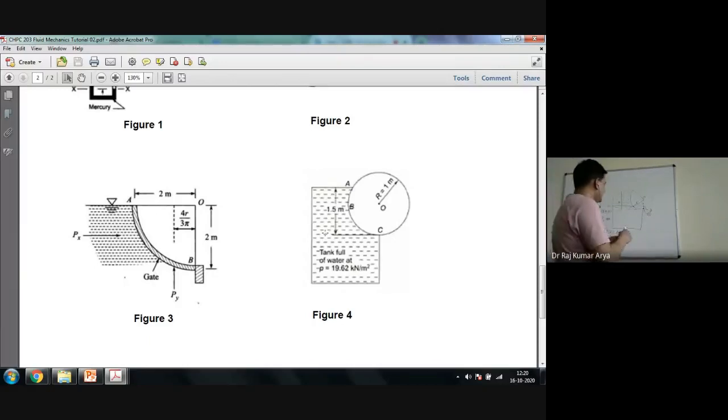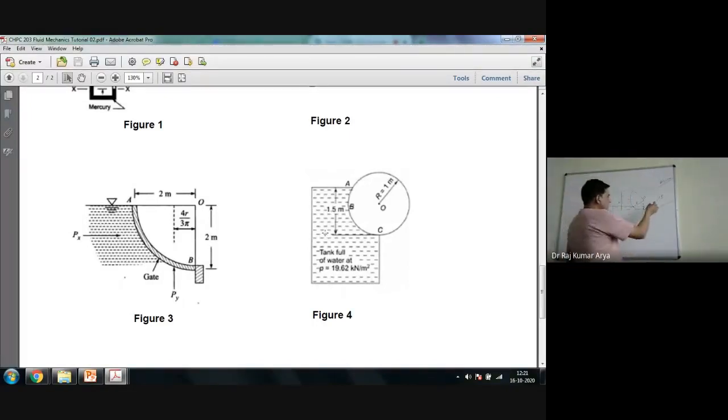Okay. Or you have another way for the horizontal force, because from here also you will get the same thing. So this would be its projection. This is your width, L equal to 1 meter, and this much you already know from here is 1.5. So this is a rectangle actually.